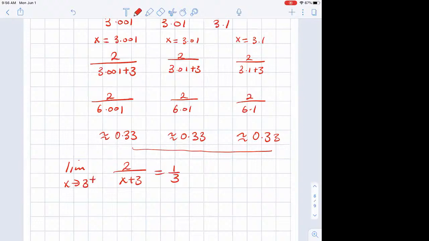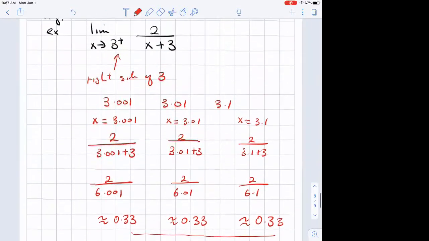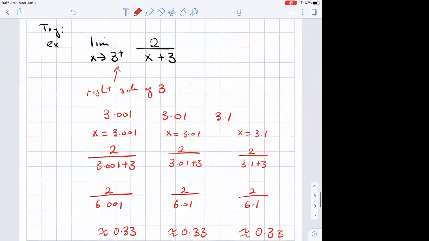Okay, so when it comes to a problem similar to this, if you just plug in 3 in the original equation, we get 1/3. Do we even have to do the table to make sure, or can we just use the substitution method? Because it's from the right, you cannot plug in 3. 3 will be wrong.